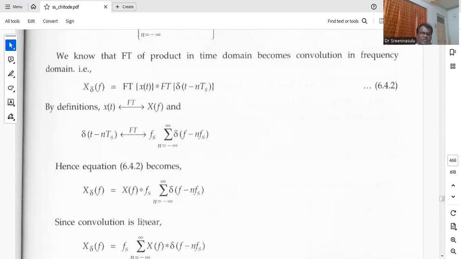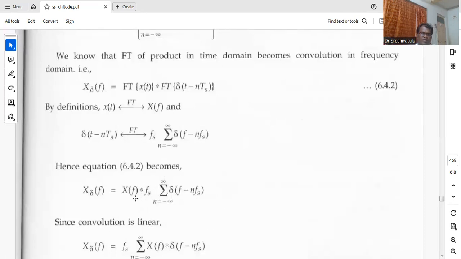X delta of f is equal to x of f convolved with fs into the summation of n equal to minus infinity to plus infinity of delta of f minus nfs. According to impulse properties, if we convolve x of t with delta of t, we get x of t. So here, the periodic impulse train is now available in the frequency domain.